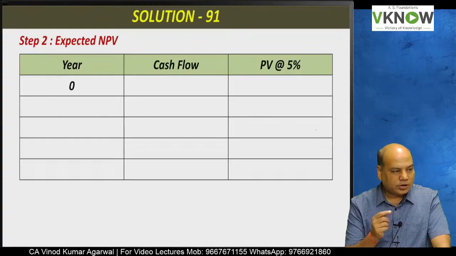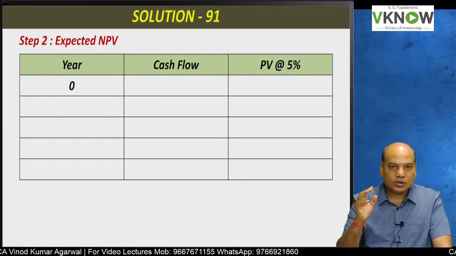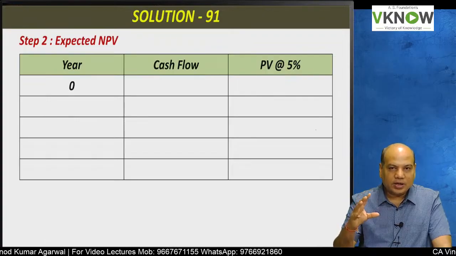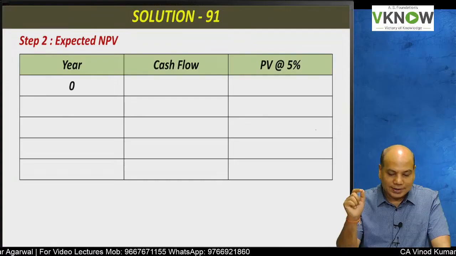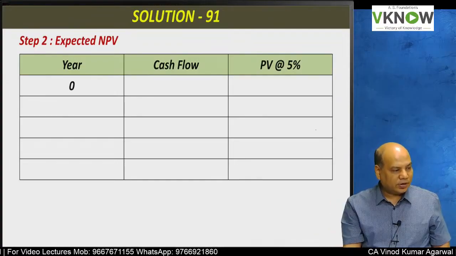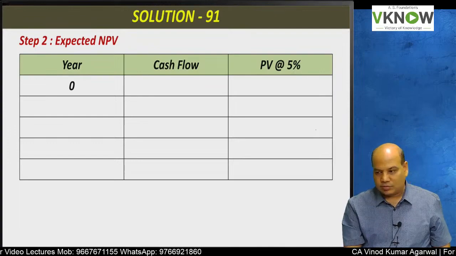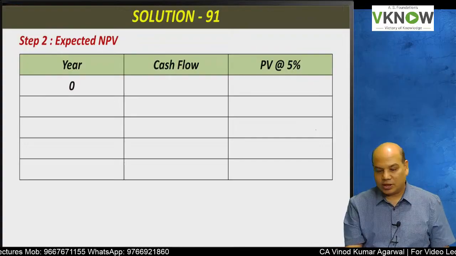We are solving question number 91, a very important question. This has both dependent and independent cash flow assumptions in the same problem. Sajid is right: 35, 15, you are right. Very good.